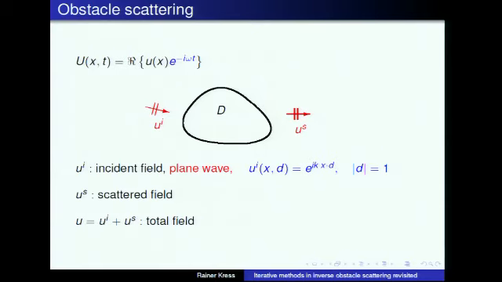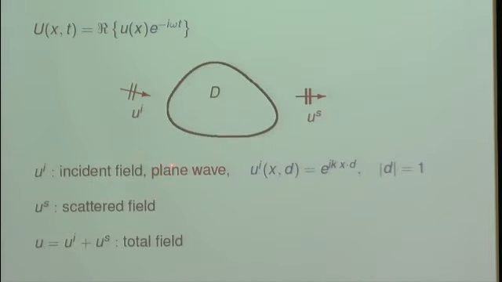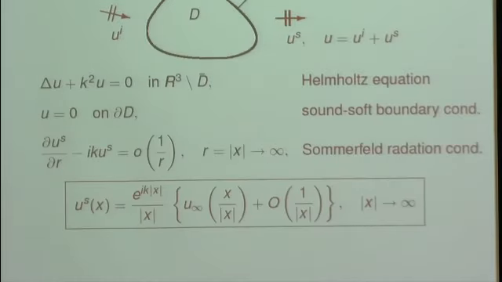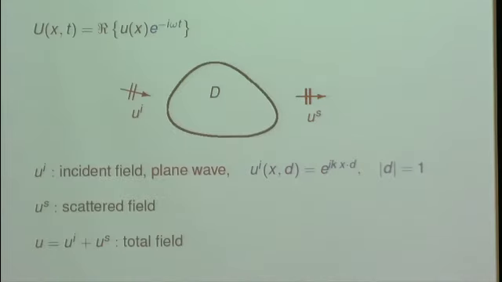And obstacle scattering now just is, we have some obstacle, we have an incident field. Usually this incident field in my talk will be a plane wave, which is given by e to the i k, the dot product between the vector x and a unit vector d, giving the propagation direction of the plane wave.